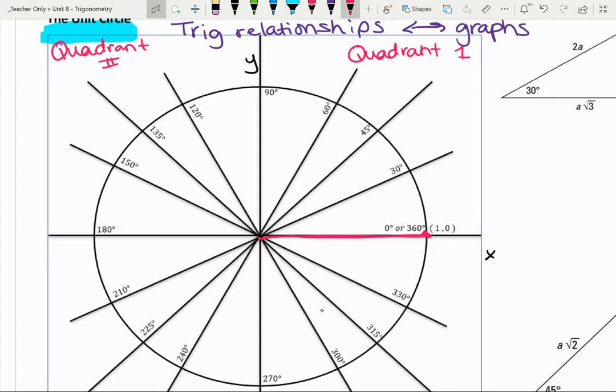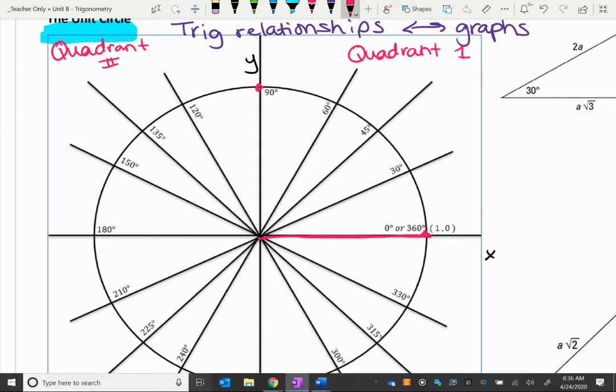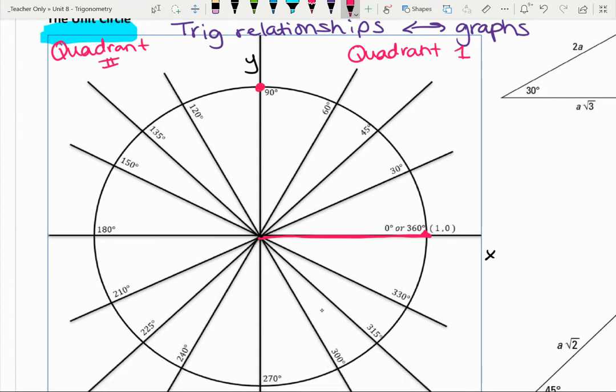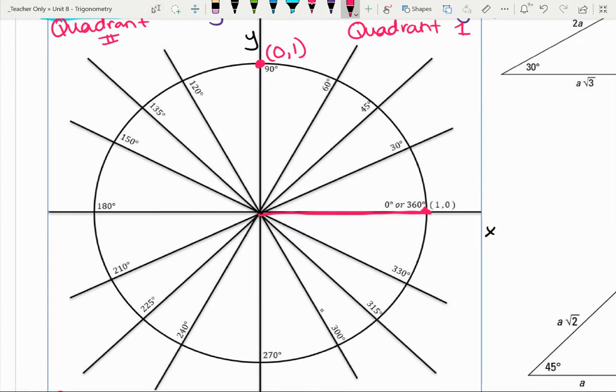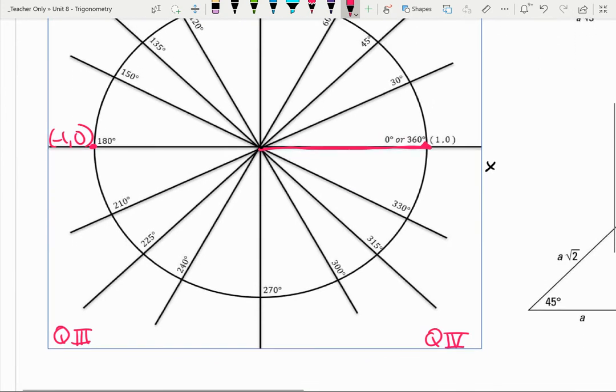If we go up to 90 degrees, since this still has a radius of 1, right, this distance is 1, that would make this coordinate point 0, 1. We keep going counterclockwise over to 180 degrees. Now we are at -1, 0.